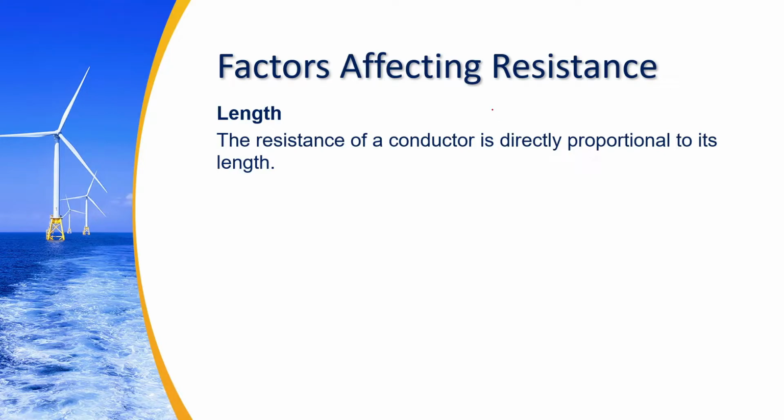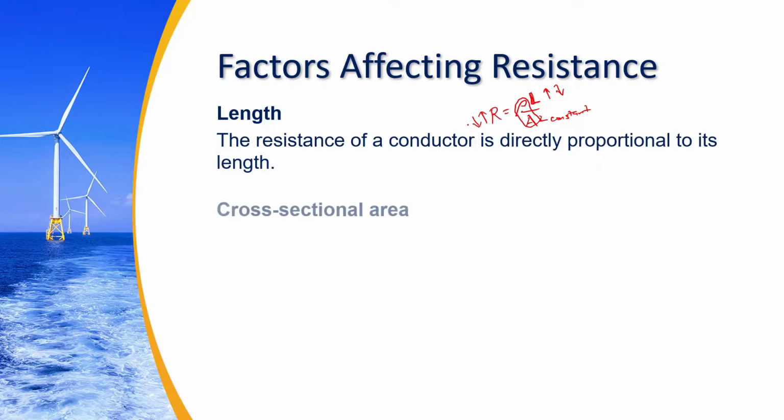Kung matatandaan nyo, ang formula ng resistance ay R = ρL/A. Since yung L is nasa numerator, isipin nyo na itong ρ/A is just a constant. Therefore, magbago man yung L, kunwari nag-increase yung length, mag-i-increase din yung resistance natin. Kapag nag-decrease yung length, mag-decrease din yung resistance natin.